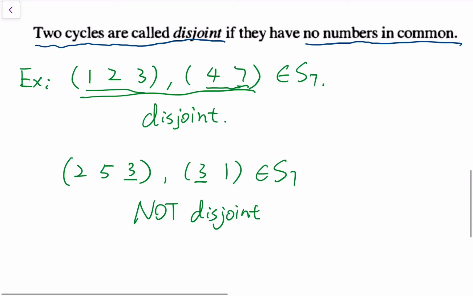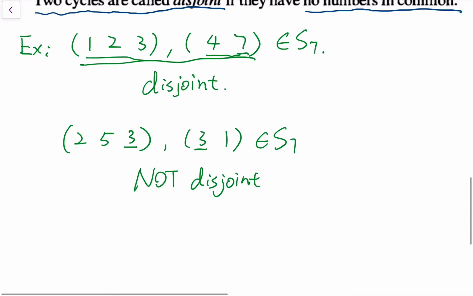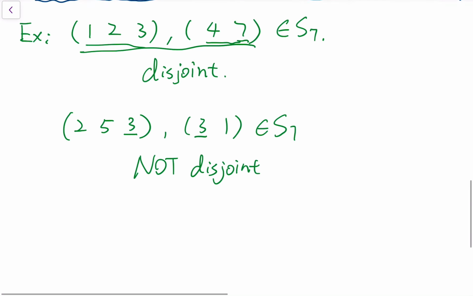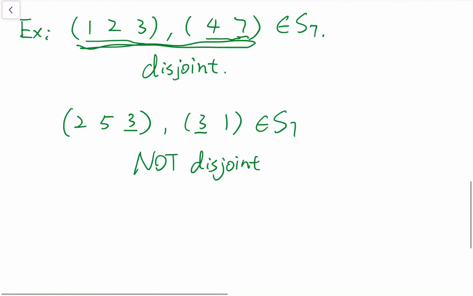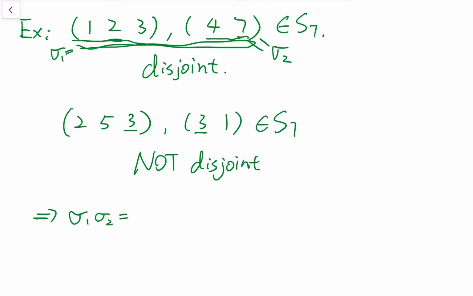And why do we care about disjoint cycles? That is because if we have 2 cycles that are disjoint, then they commute. For example, if we denote sigma 1 as the first cycle and sigma 2 as the second cycle, then we get sigma 1 times sigma 2 equals sigma 2 times sigma 1.